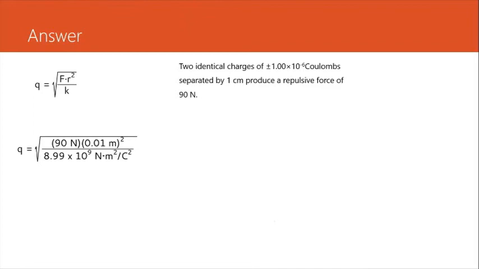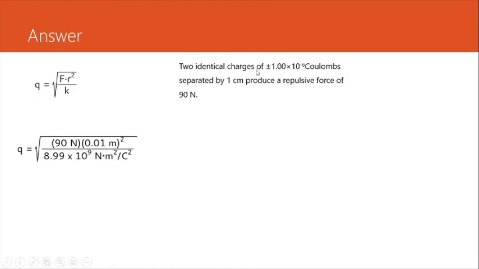Okay, 90 times 0.01, converted to meters, then squared, over 8.99 times 10 to the 9. The answer is 1 times 10 to the negative 6, or 1 microcoulomb.